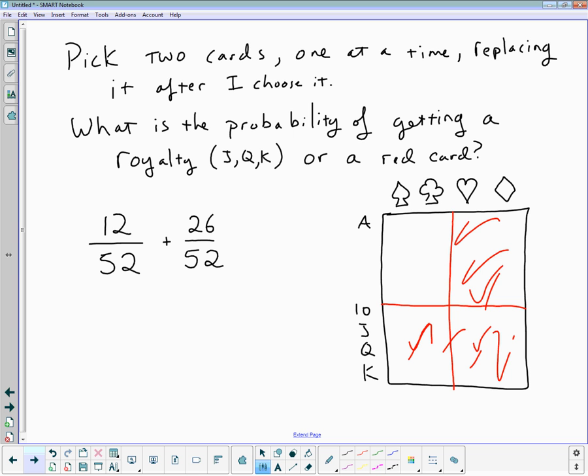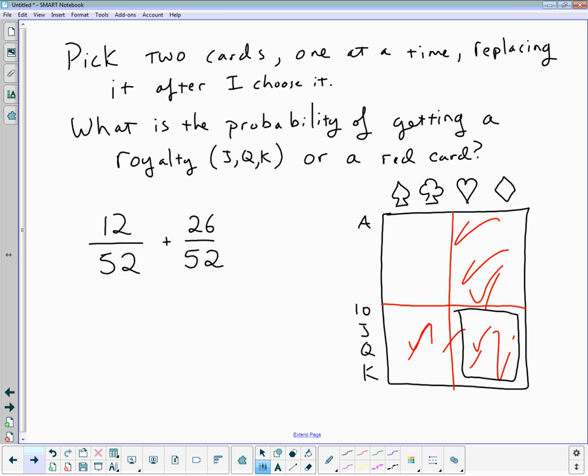I'm not sure if you're digesting or if you have indigestion. What's going on here? All right. So what we're going to deal with here is an added probability. We have both things occurring, okay? But we have to be careful about something, because this section here is being counted 2 times. And we have to be careful of that.